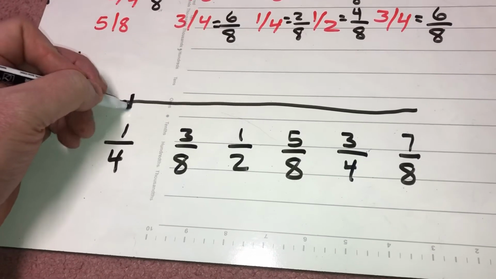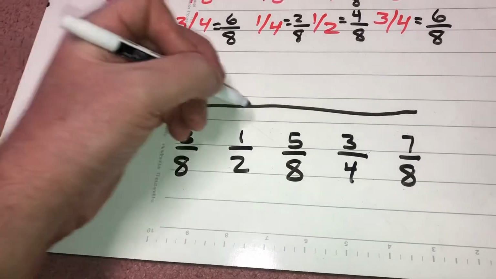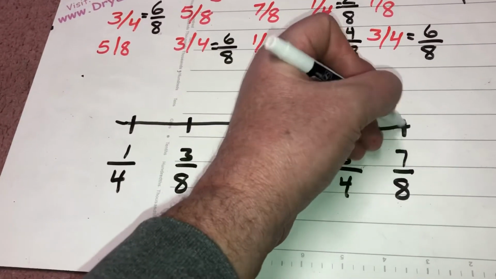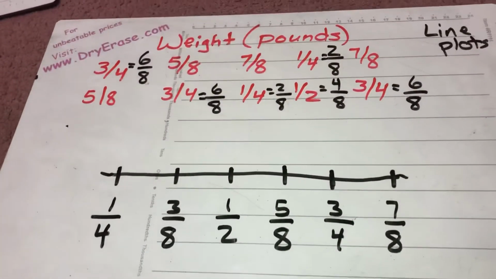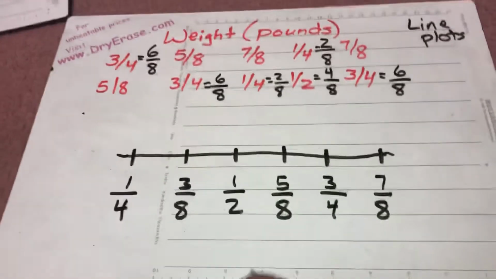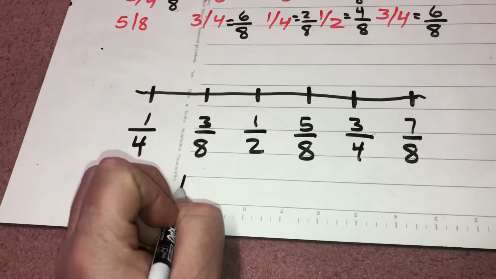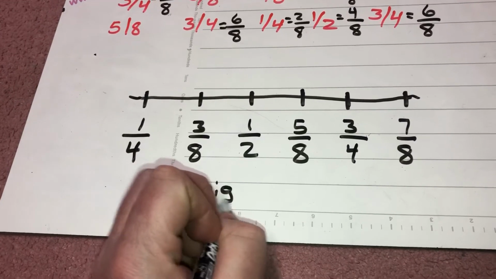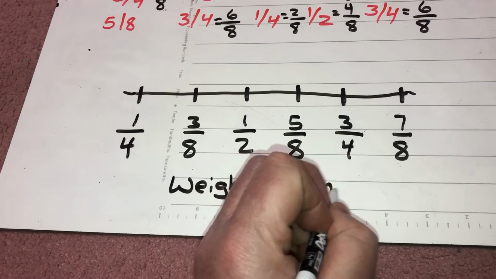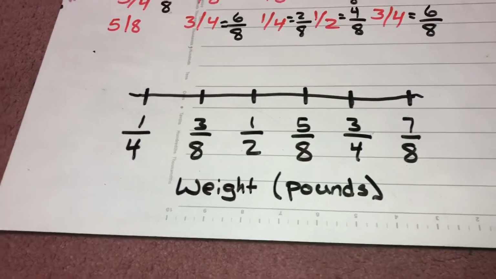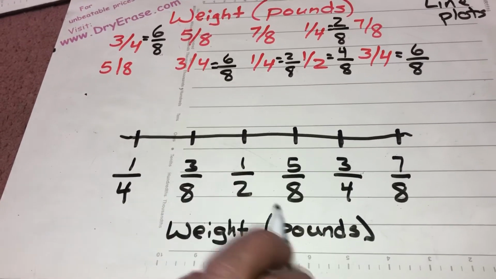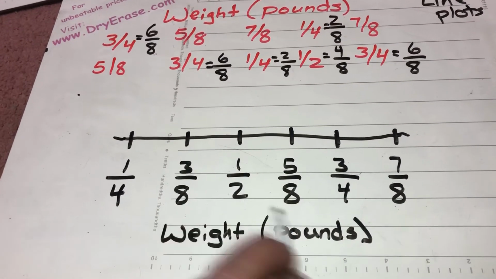Of course, we want to make this neat, and I'm going to put an indicator with each line. Okay, and then for each one that signifies this weight, and down here, so somebody knows what they're looking at, weight in pounds.